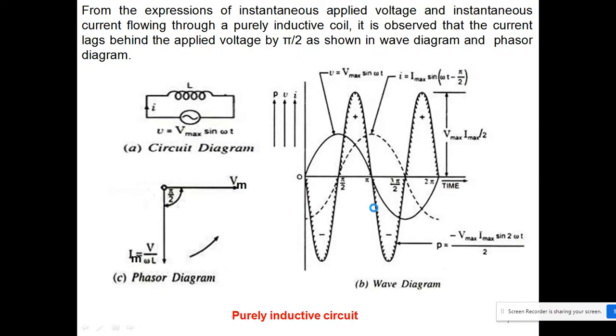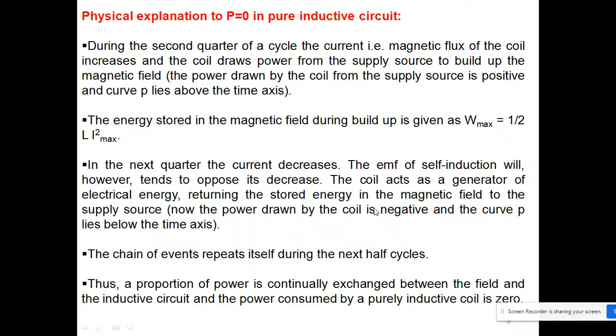That is the meaning here. This chain of events repeats itself during the next half cycle also. Thus, power is continuously exchanged between the field and the inductive circuit, and the power consumed by the purely inductive coil is zero. That is the meaning of this.